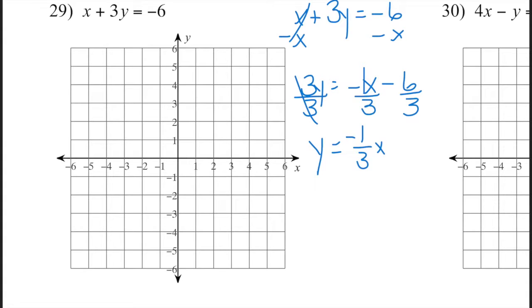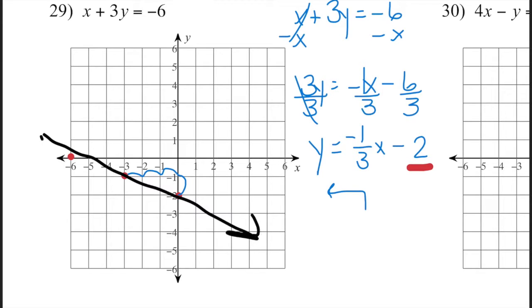And negative 6 divided by 3 is negative 2. So y-intercept of negative 2. I feel like we've had a lot of those. And negative 1/3 means up 1 and to the left 3. So 1, 1, 2, 3. 1, 1, 2, 3. And your line looks sort of like that.